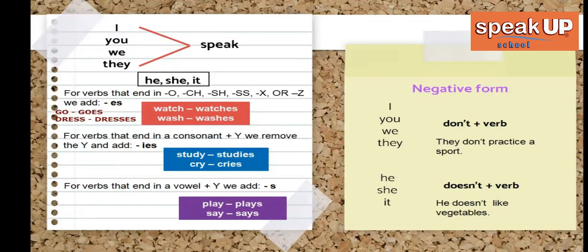And when you have a verb that ends in a consonant, here, pay attention. Your verb has to end in a consonant and then Y. For example, study.